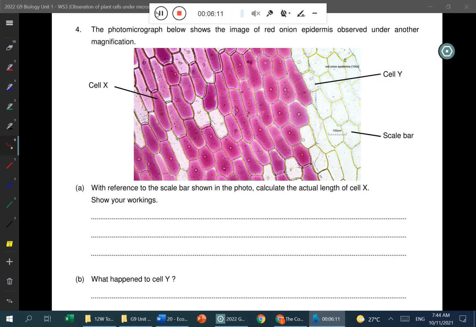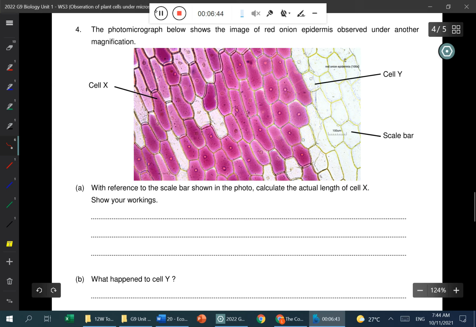Now talking about magnification, let us jump to the next page first, and I would like to show you how magnification is important in our calculations of the actual size. Now, in photomicrographs like this, we would present the magnification in two different ways.